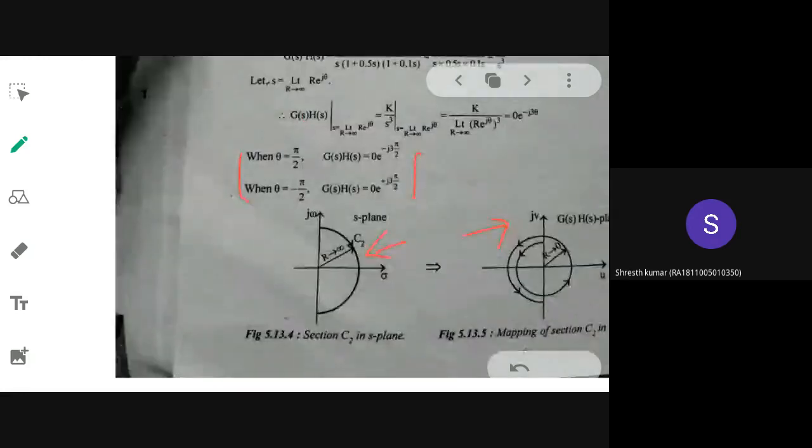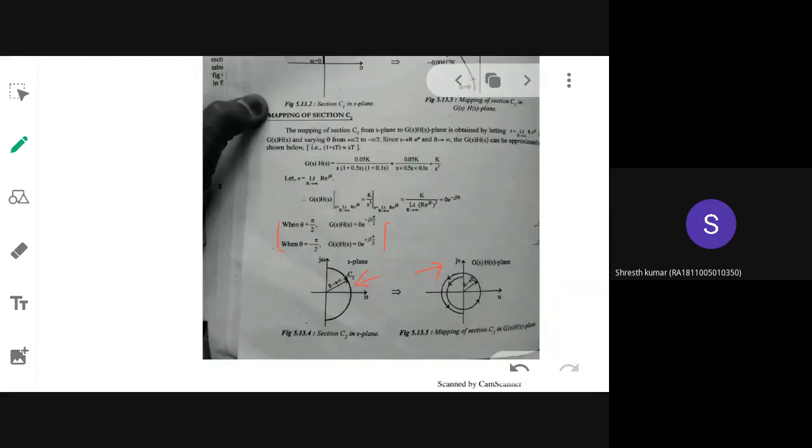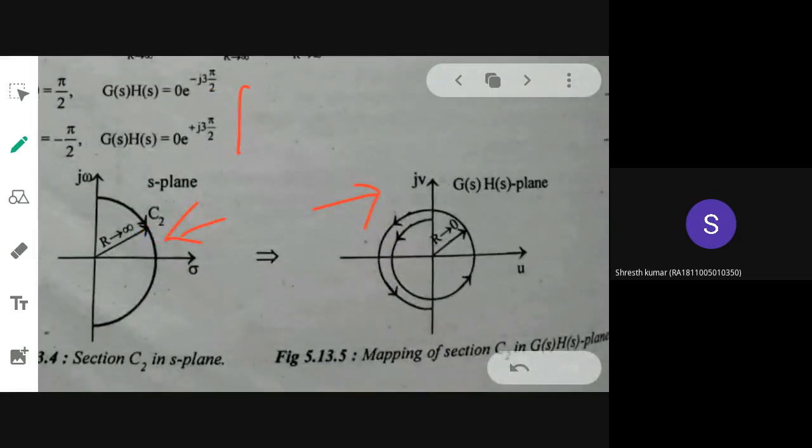Taking that into consideration, this was your original segment. The map is drawn on the G of S into H of S plane. The radius, as you know, for the map is 0. So that is being marked here. Even though it is drawn a little bit big for your own understanding only, it will be very close around the origin. It will be like a point only because the radius is 0.